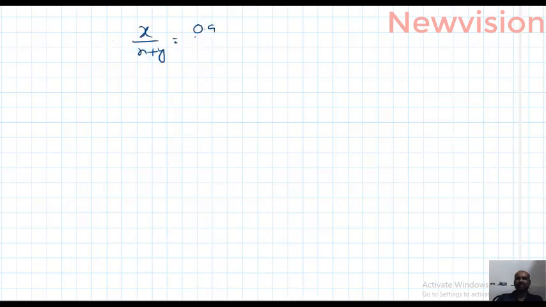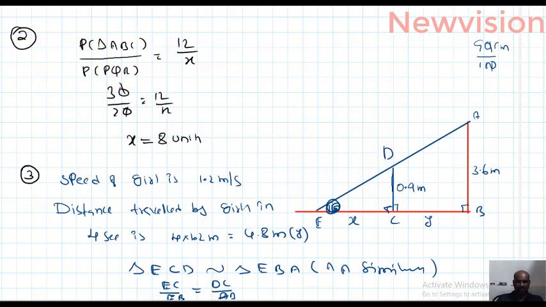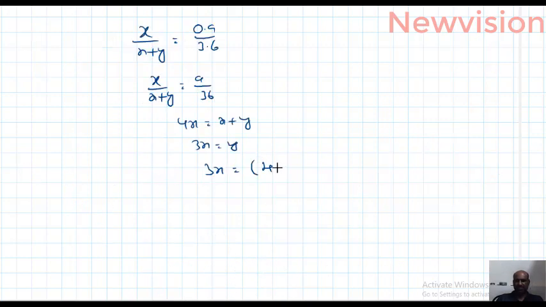So x by x plus y equal to 9 by 36. 4x equal to x plus y, or 3x equal to y. 3x is equal to y, you got something, no? I want to show you, I have 4.8. So what is x? Here x equal to 4.8 by 3. 3 ones are 3, 3 sixes are 18, so 1.6 meters.